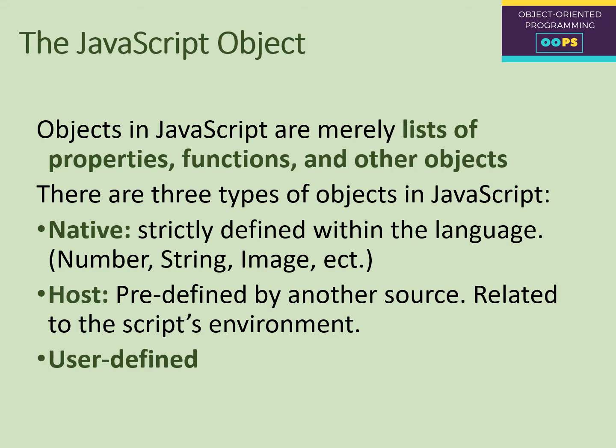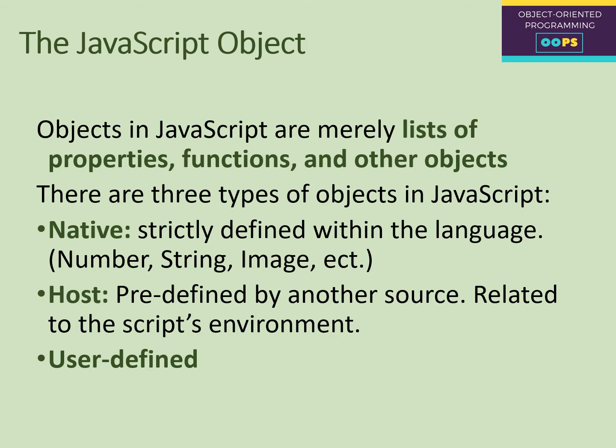In the document object model, all the elements in a web page should be treated as objects. And the browser object model treats window as the default object, and all other facilities like navigation, location, history, everything in the window should be treated as objects again.